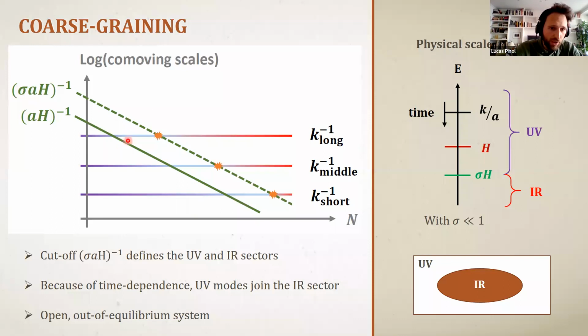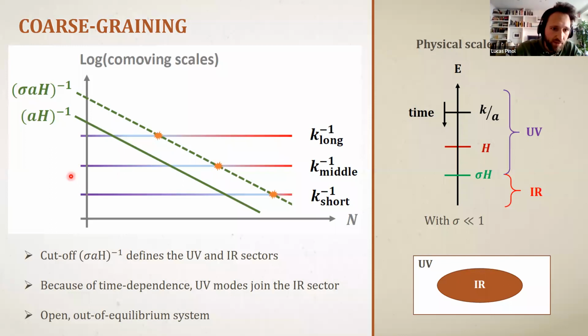And so what we will do is that we will not take exactly the co-moving Hubble radius as being the cutoff scale, but we will take a scale which is a bit larger in physical space, in order to have in our infrared sector, so the one that is above the scale, only fluctuations which are on typical scales that are much larger than the horizon size. And this is because we want to treat our infrared fluctuations as being classical, although we will see random, but still classical variables.